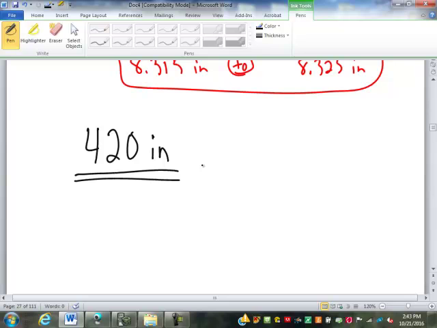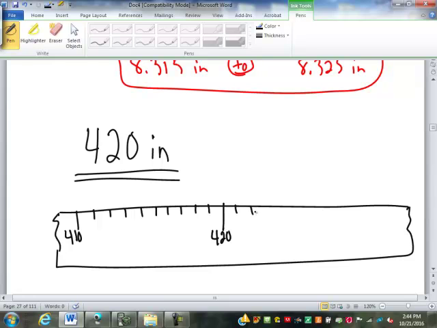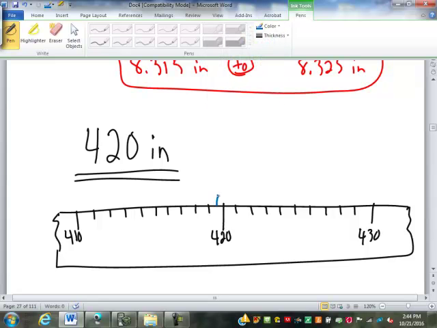Is this measured using a device that goes to the nearest inch, so it measures to the nearest inch, and this was just closest to 420?